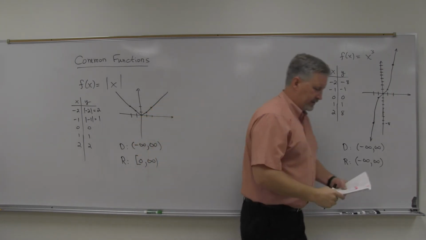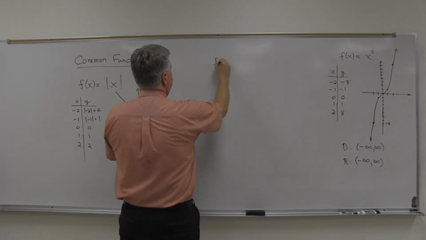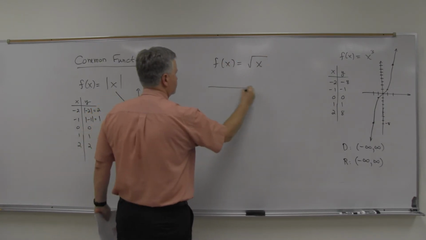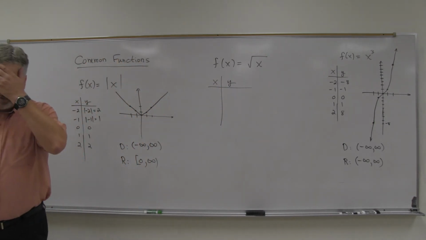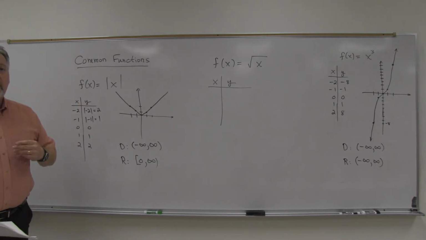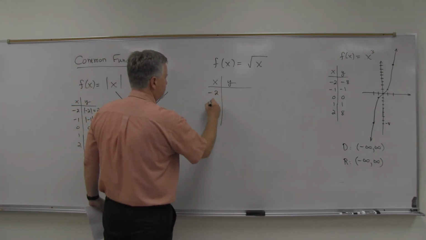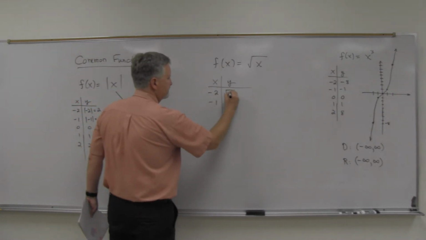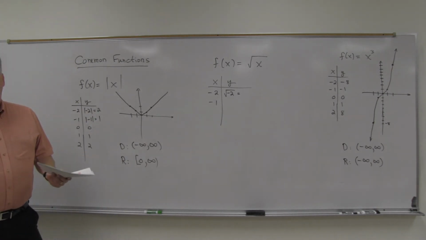And then one more that we'll utilize here. f of x equals the square root of x. This is the first one of these common functions where we have to be selective for x's, because if I do negative 2, negative 1, and plug those in, the square root of negative 2, I can say it's an i thing, but we're graphing.